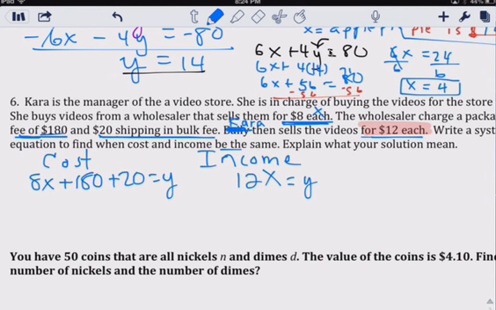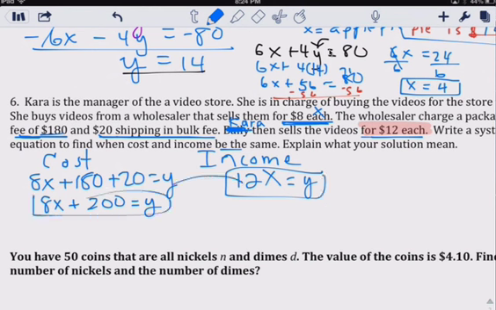So that's your equation. It didn't say to define the variable, so I don't have to. But y basically is the total income or total cost, depending on which one you're looking at. So you get 8x plus 200 equals y. Basically, we can use substitution here. We can put this into there.